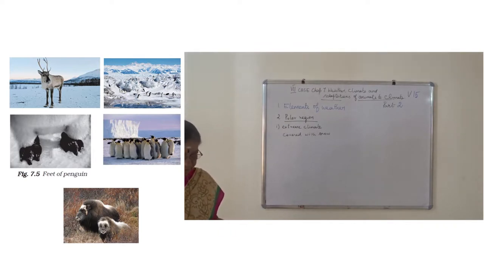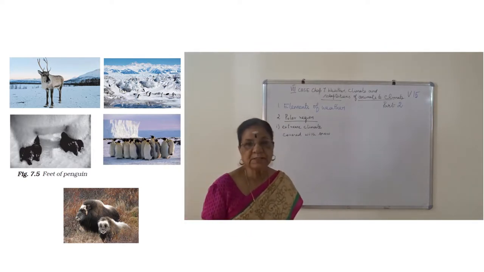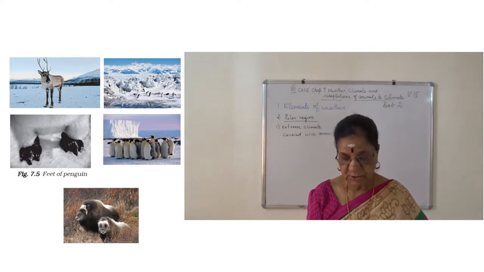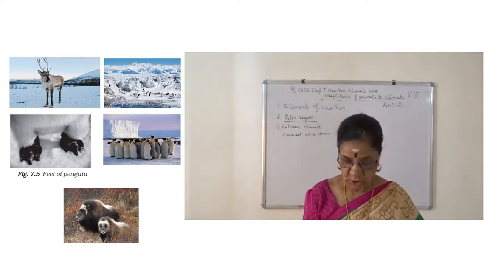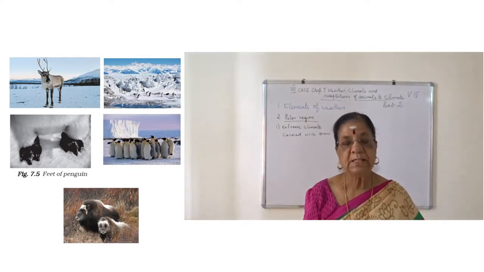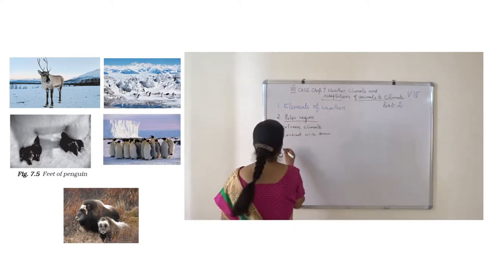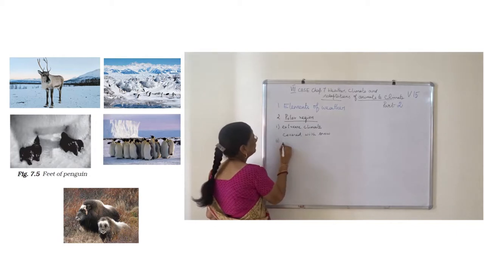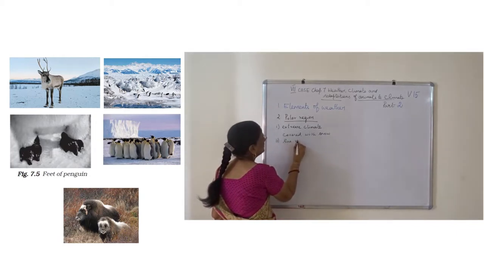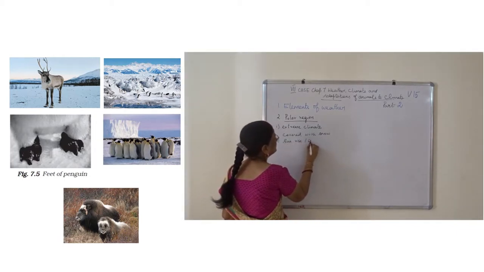Here, for 6 months the sun does not set at the poles at all, while for the other 6 months the sun will not rise. So here we talk about sunrise and sunset.